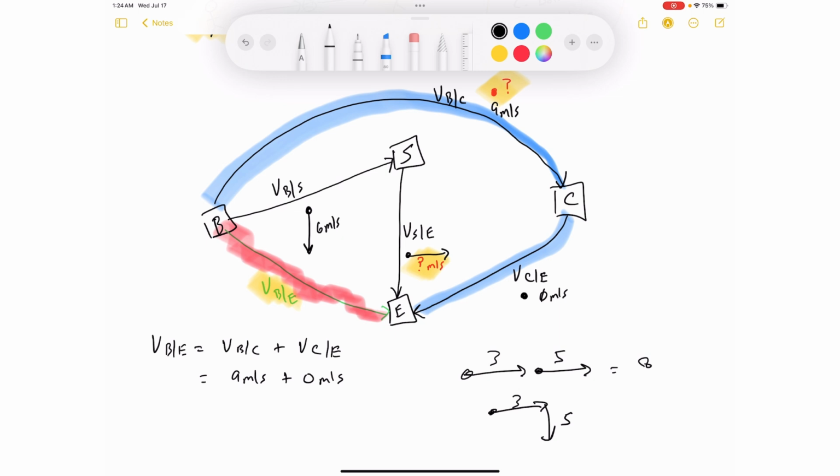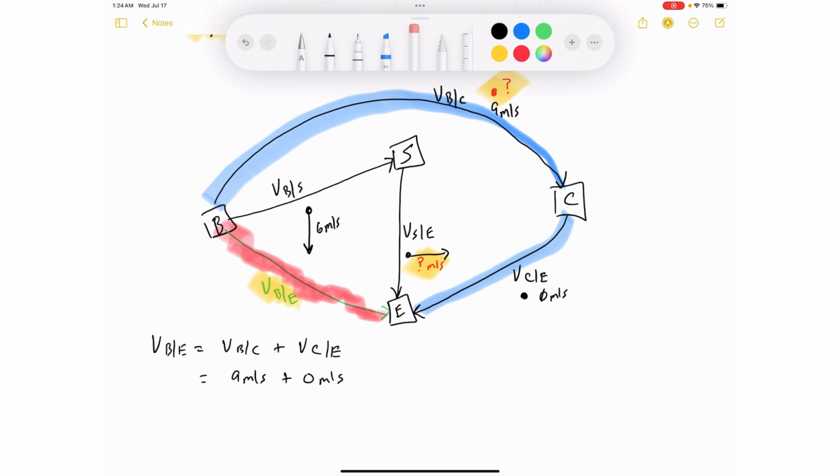Once again, you're adding them. The resulting vector is going to be that. So that's not 8, is it? No, it's not. You'd have to do the Pythagorean theorem: 3 squared plus 5 squared, then take the square root of that. So my point is, when you're adding these velocities from these vectors, be super careful as to the direction.